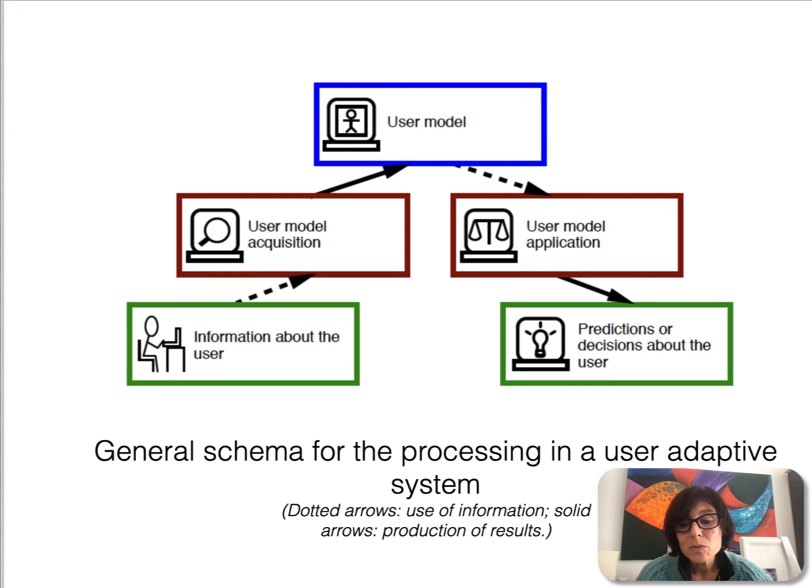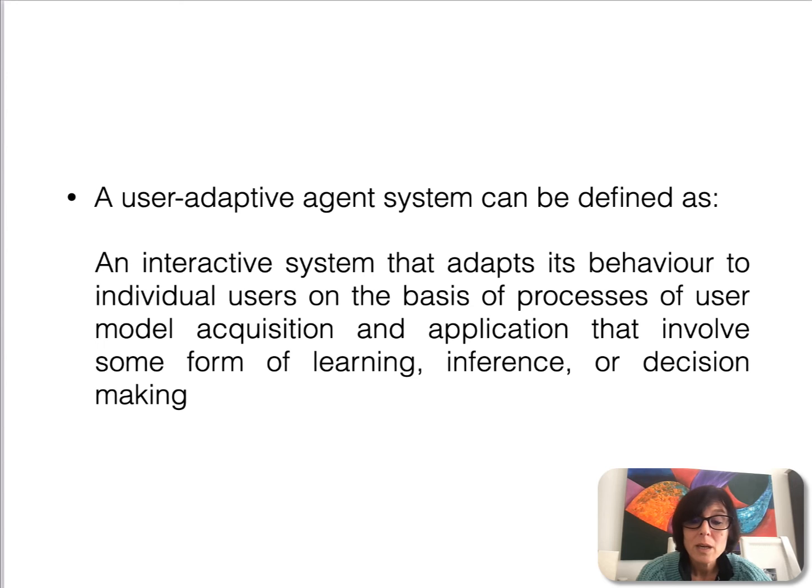Okay, so there are various ways in which user models might be applied for a user adaptive system in order to make predictions or decisions about the user. This is, for example, something that is adopted from Amazon. If we go back to our previous example of Amazon, we can see how the user adaptive system can be defined as follows: an interactive system that adapts its behavior to individual users on the basis of processes of user model acquisition and application that involves some form of learning, some form of inference, or decision making.